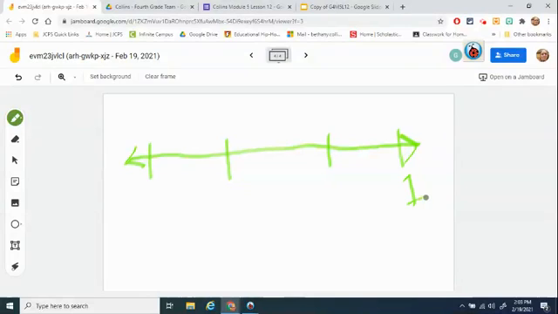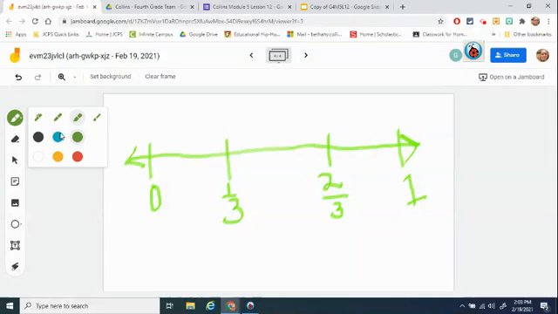So this is my 1 whole, my 0, 1/3, and 2/3. Okay, and so if we think about where 1/2 would fall on this line, well, 1/2 is going to be right in the middle, and this is 1/2 on the number line.